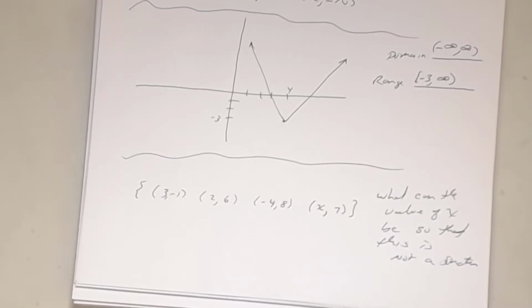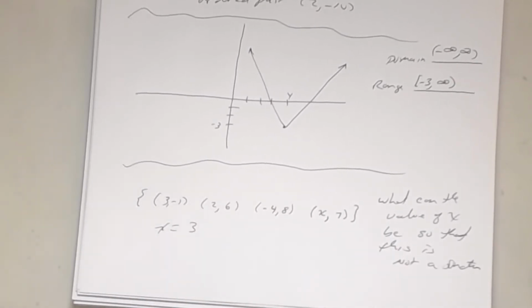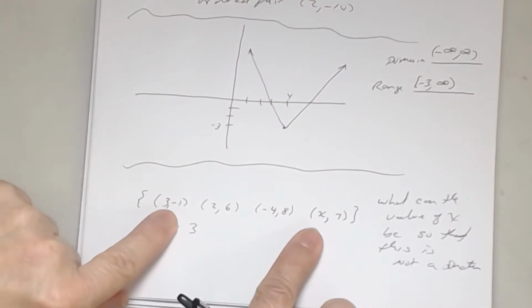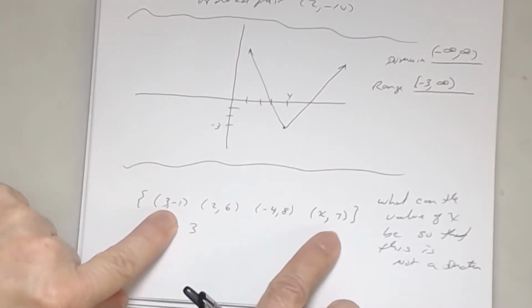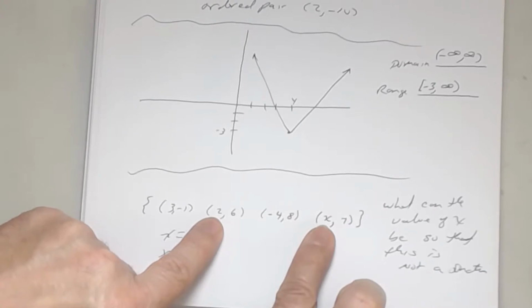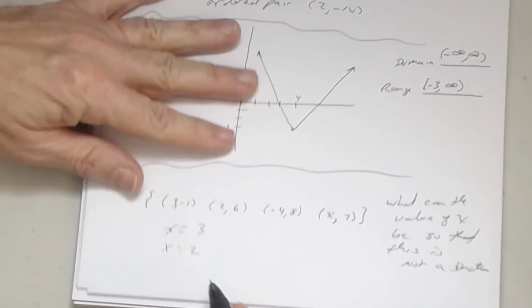For each x coordinate, there's got to be exactly one y coordinate. She says 3. It can't be 3, 2. So what can the value of x be so it's not a function? Well, x can be 3. If I put 3 there, do y'all agree it's not a function? Because when x is 3, what's my y value? -1 and 7. What else can you say? x cannot be 2 because when x is 2, y is 6 and 7. What else can't x be?